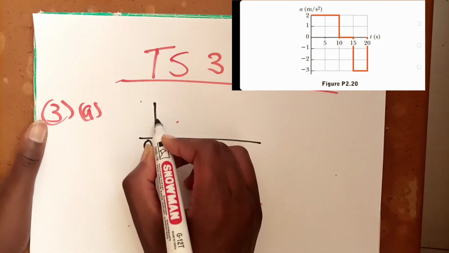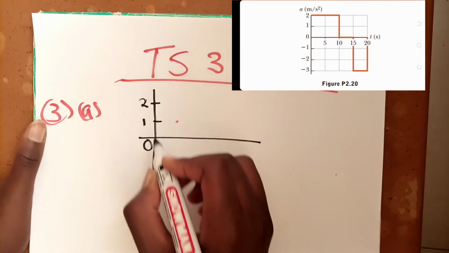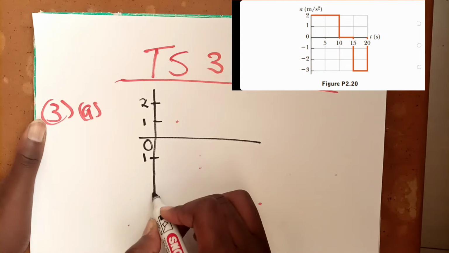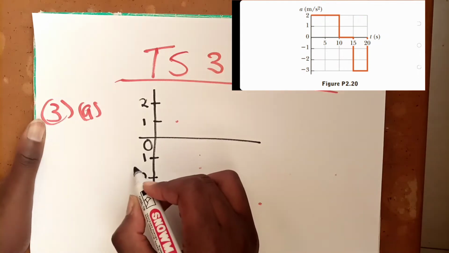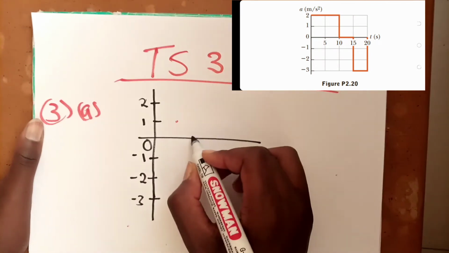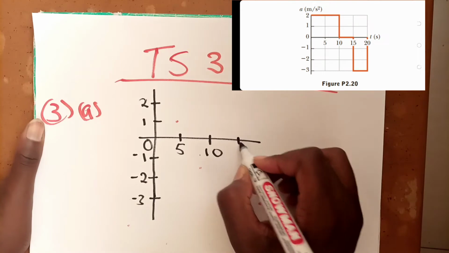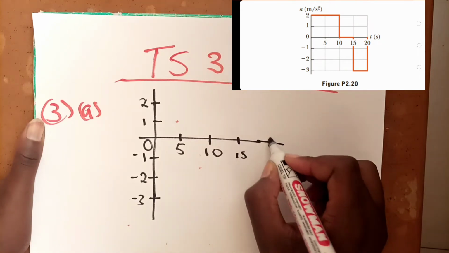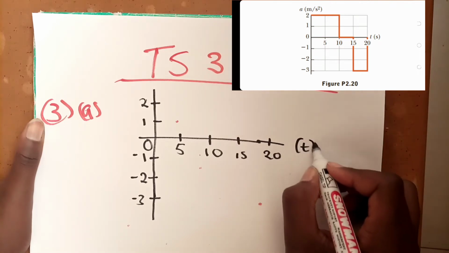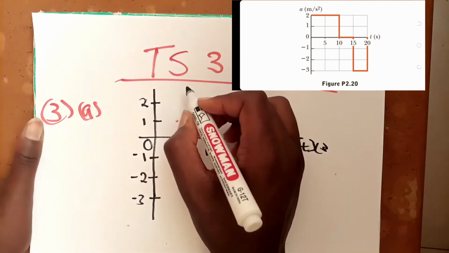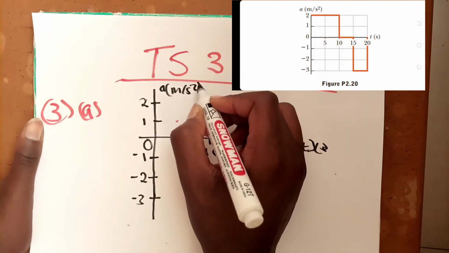We have our 0, our 1, our 2, our 3, and these are our negatives. Then we have our 5, 10, 15, and our 20. t in seconds, and this is our acceleration in meters per second squared.